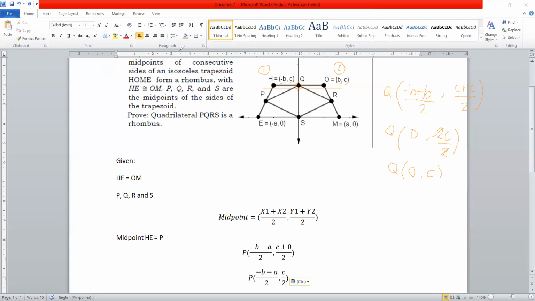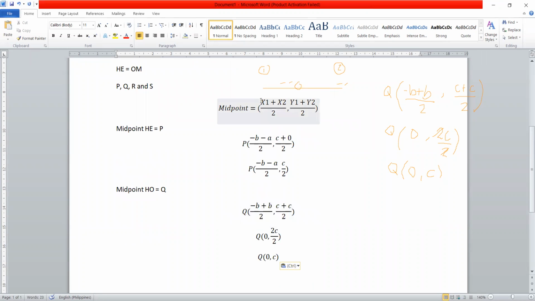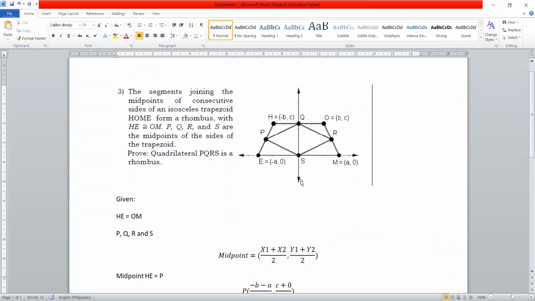So again, I'll write it down below. Q is 0, C. Next, let's look for the coordinates of point R. So again, R is the midpoint of the line segment OM.